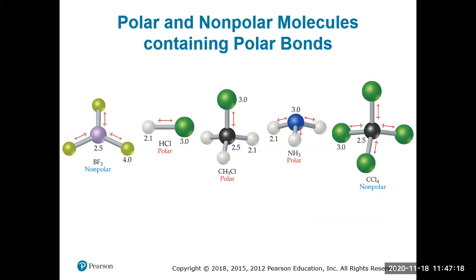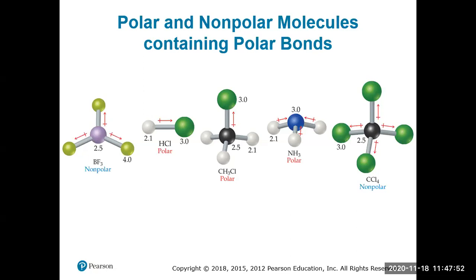We know fluorine is more electronegative than boron, and there we have those electronegativity values listed under the atoms. And so each of those is directionally pulling electrons away from it. Because it's a symmetrical molecule and it's all pulling the same amount, it all essentially cancels out and you wind up with it being nonpolar overall for the molecule, even though you've got 3 polar bonds.